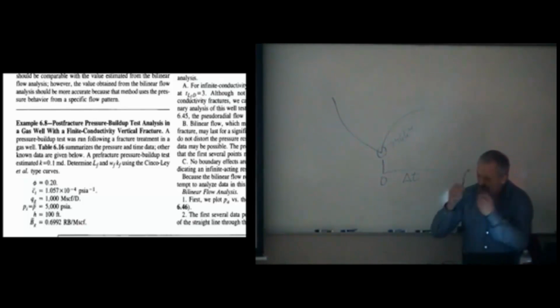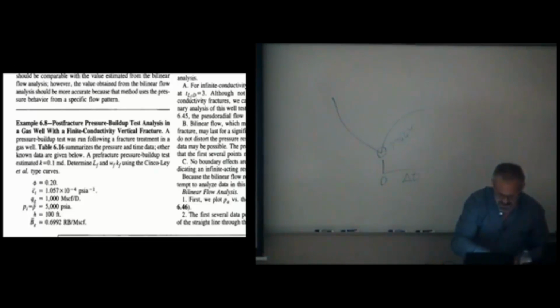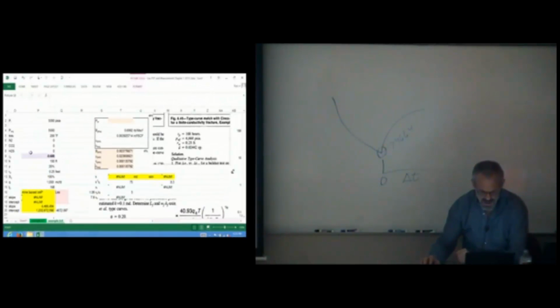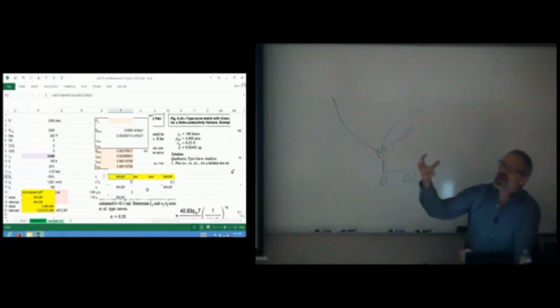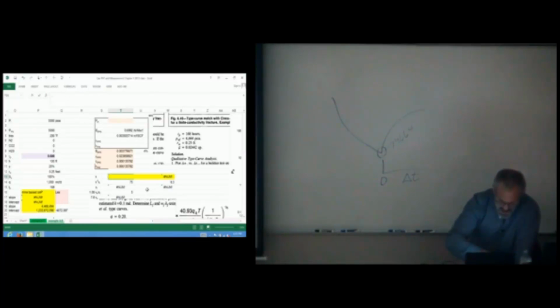That's why he's given us the perm. Now, where am I going to put that 0.1 millidarcy? I am going to put it right here because my template, my worksheet, already uses that space holder to calculate the X sub F from the square root of KXF.